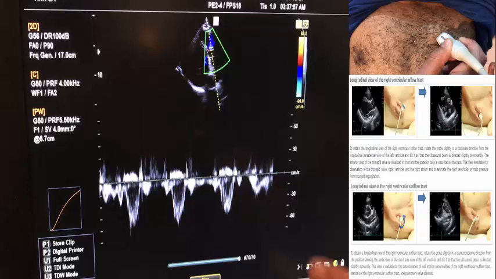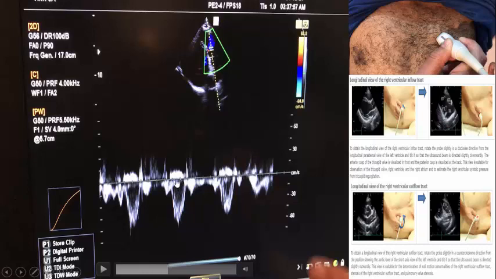And from this view you can also measure a very important parameter, which is the pulmonary artery acceleration time, the time to the peak of the pulmonary artery flow. If you have the software in your machine, you will apply the pulmonary artery acceleration time, and you will easily measure the time from the beginning of ejection of the pulmonary flow to the peak of the pulmonary flow.